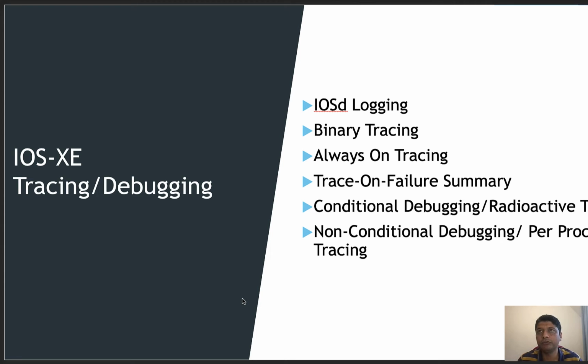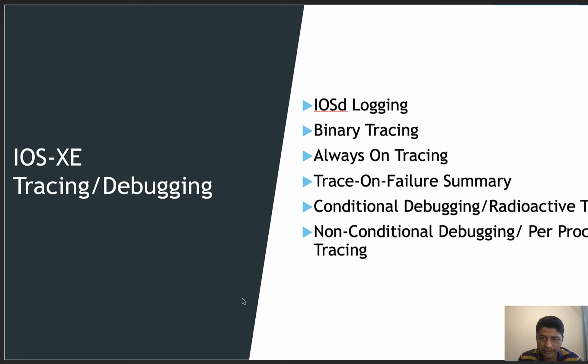So you need not execute any command to enable logs. It automatically writes the logs into the respective memory. So this is an added advantage of having binary tracing enabled, by default writing the logs. So this is another important thing, which is about tracing and debugging.